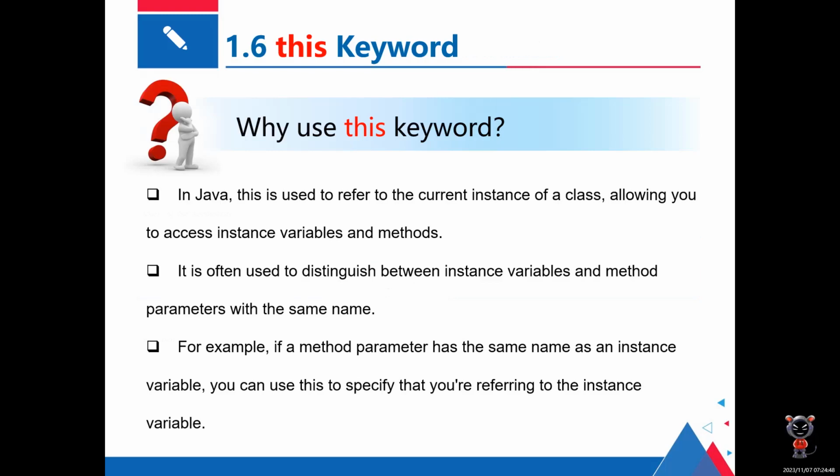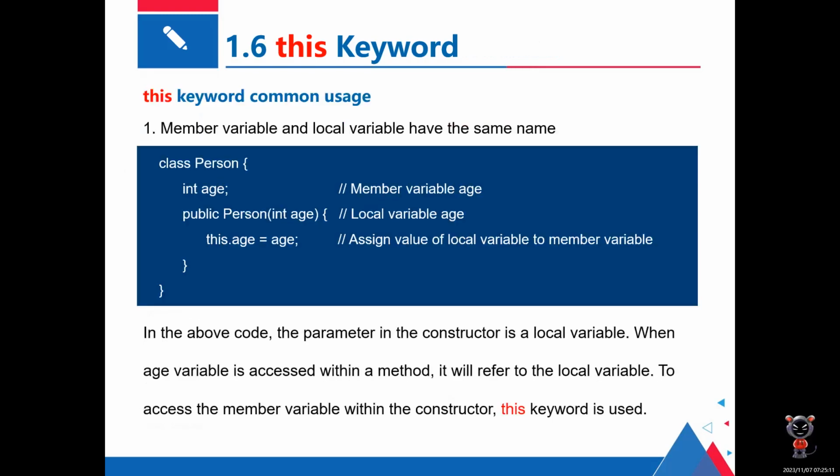Now, why do we use the this keyword in Java? In some scenarios, we have to access the member variable and the local variable, but both variables have the same name. So to differentiate between the local variable and the member variable, in Java, we can use the this keyword. For example, we have a Person and the variable is age.